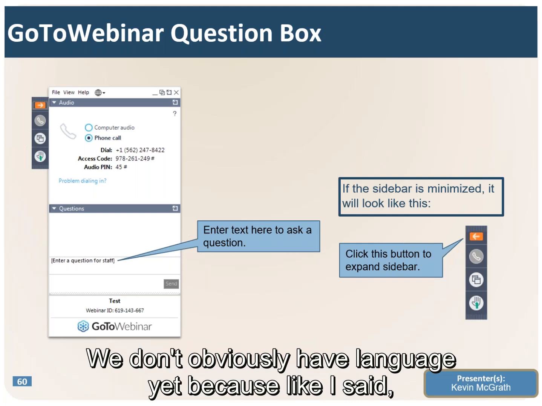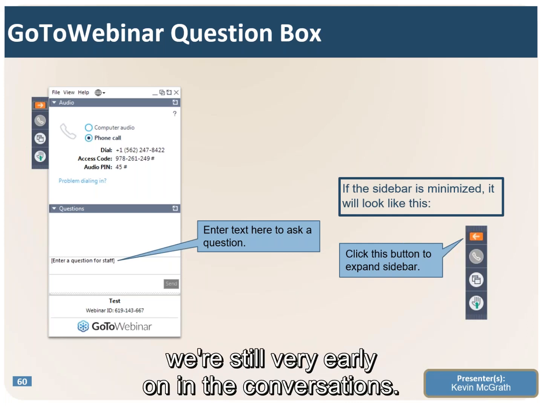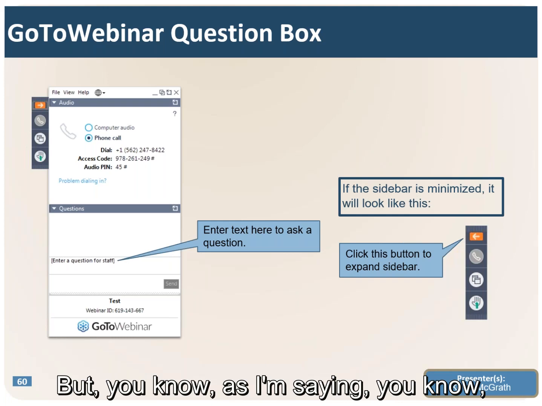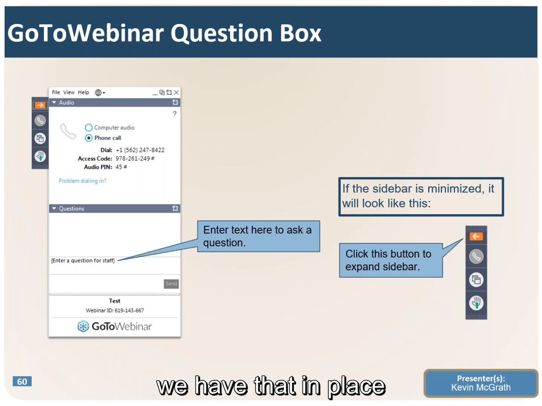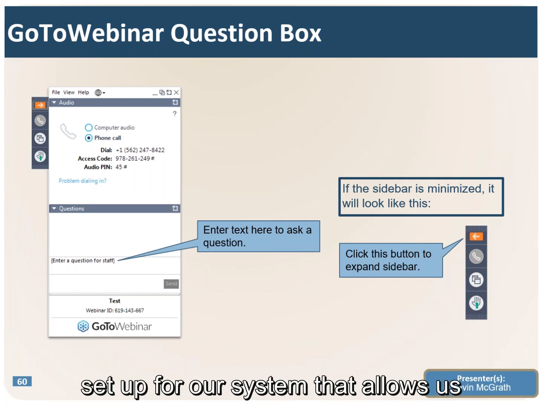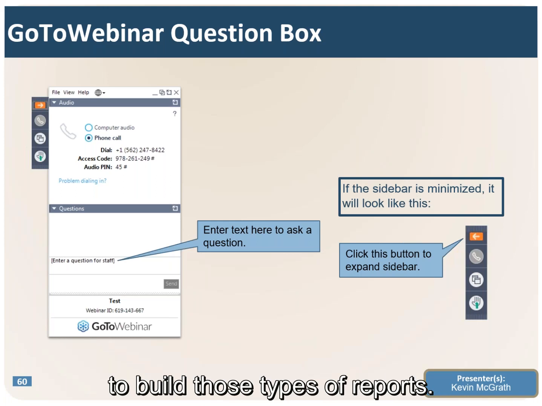We don't obviously have language yet because, like I said, we're still very early on in the conversations. But we have a very strong data warehouse already set up for our system that allows us to build those types of reports.